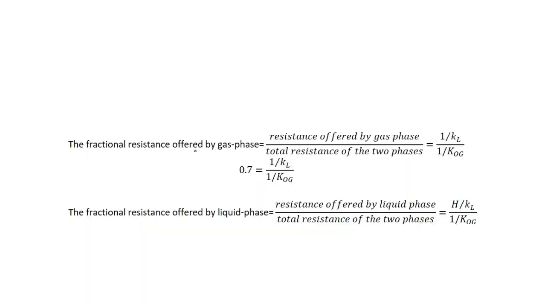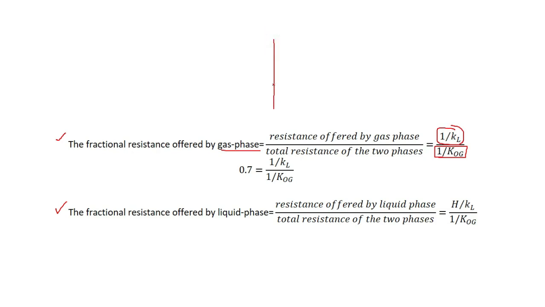So you have to remember these two formulas. The fraction resistance offered by the gas phase is equal to the resistance offered by the gas phase divided by the total resistance of the two phases. The total resistance of the two phases is represented by 1 over kog, while the resistance offered by the gas phase is 1 over kg.